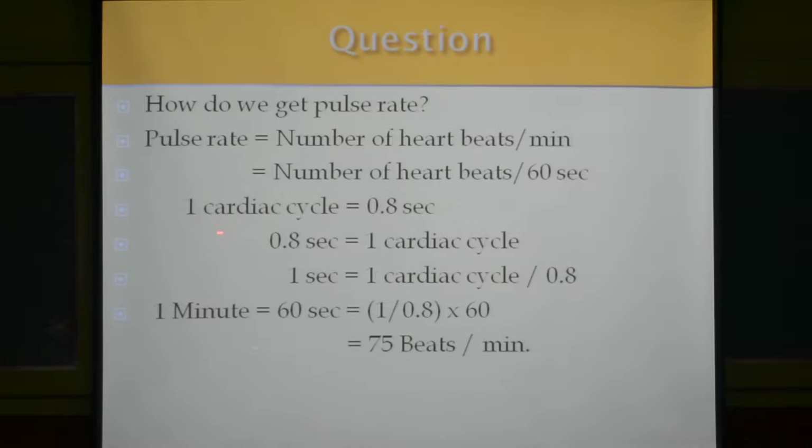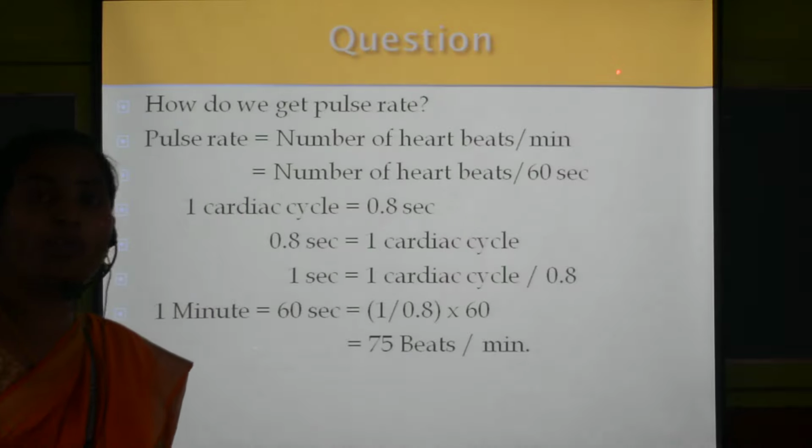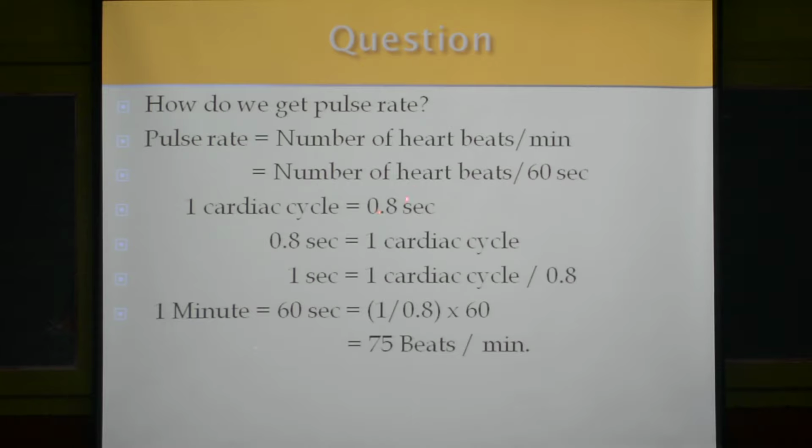Here we know that if one cardiac cycle is 0.8 seconds, now we will see for 1 second how many cardiac cycles will be there. 1 by 0.8, isn't it, children? Now we need it for 60 seconds. We have come to know about 1 second. Now 1 minute is equal to 60 seconds.